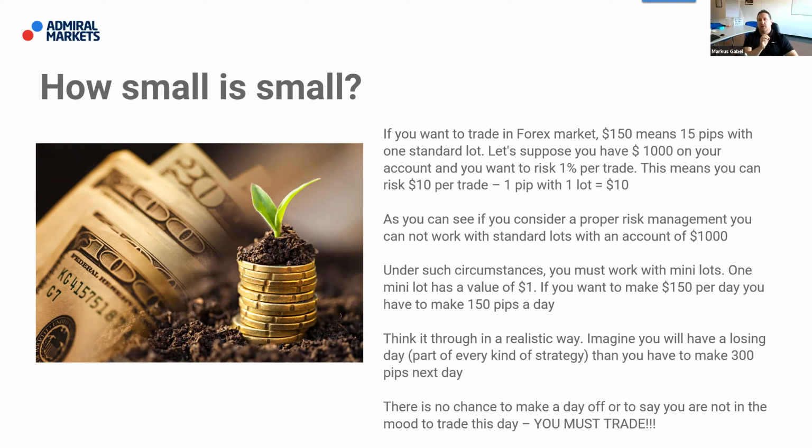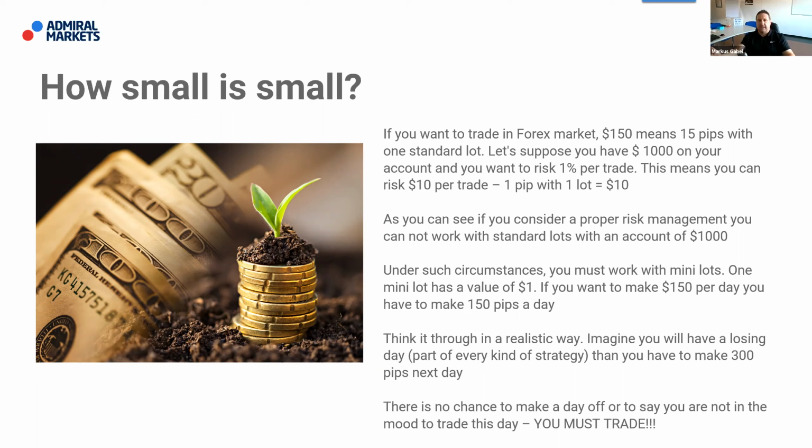Let's suppose you have $1,000 on your account and you want to risk 1% per trade. This means you can risk $10 per trade, because one pip, one lot means $10. How should that work, guys?